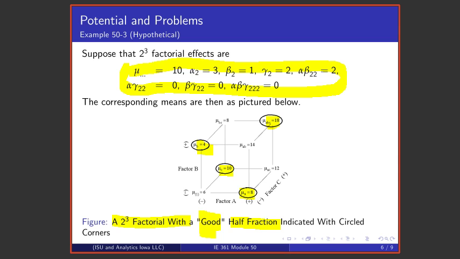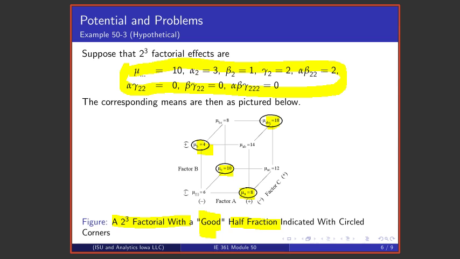I'm not telling you right now how I recognized those as a good set to choose, but those do constitute a good half fraction of that full factorial if I was going to look at half of 8 corners.